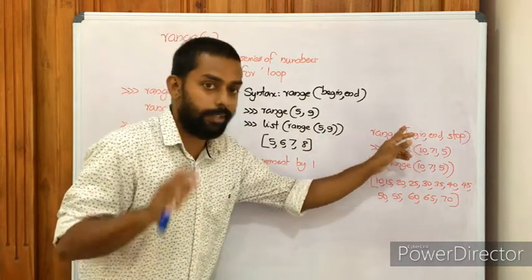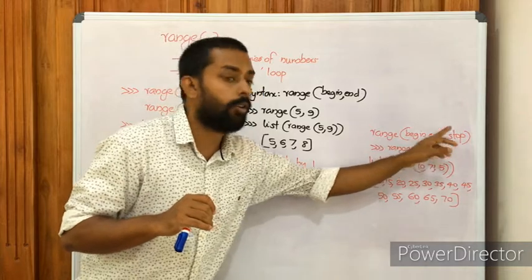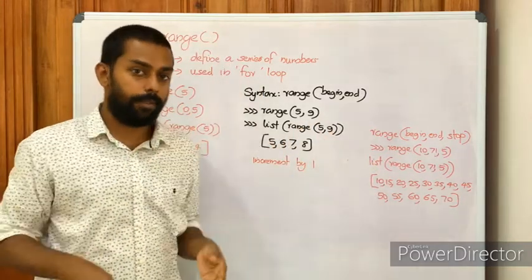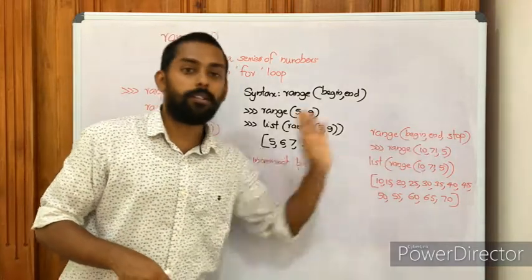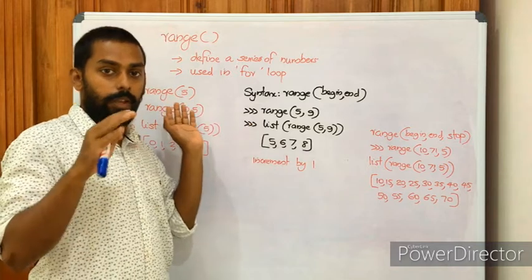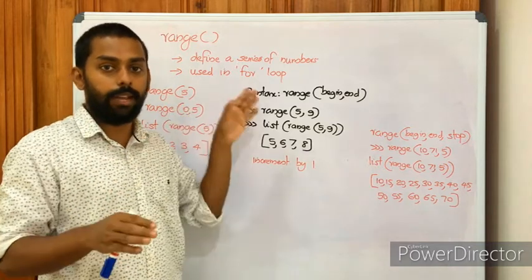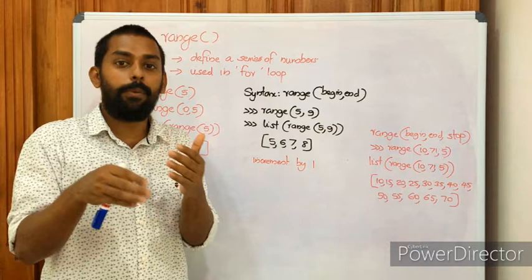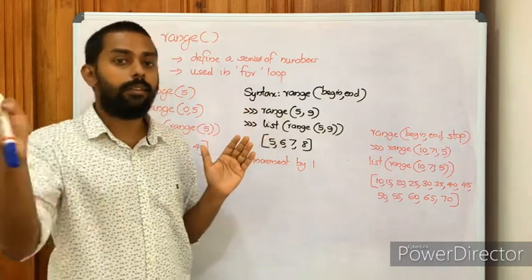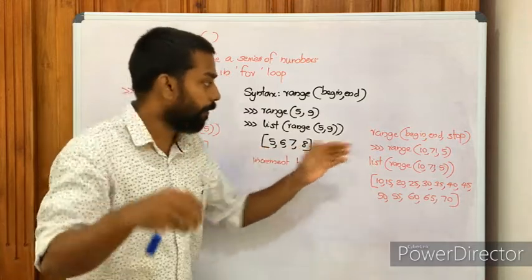Using the syntax range of begin comma end comma step, just like start, stop and step. In the first case we have specified only the end, in the second case both the beginning and end, and in the last case begin, end and step.